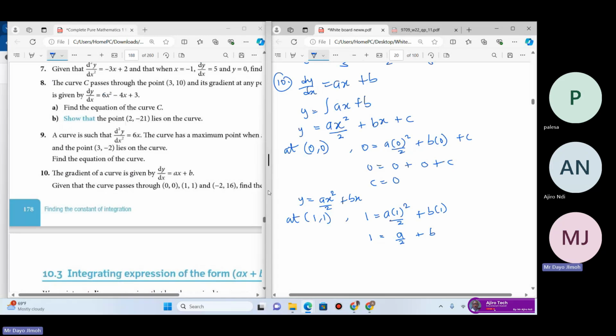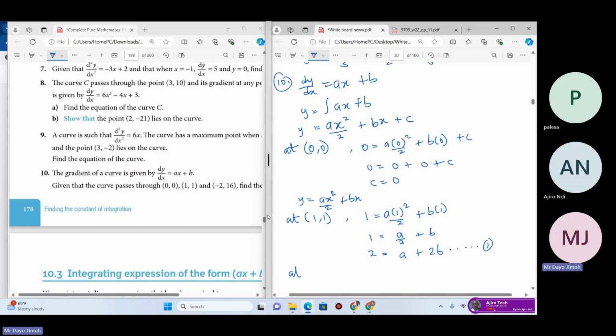I can multiply this by 2 because I don't want a fraction. Multiplying left and right by 2: 1 times 2 is 2, a over 2 times 2 is a, b times 2 is 2b. Let me call this equation 1, because I'm going to get another one for the next point.